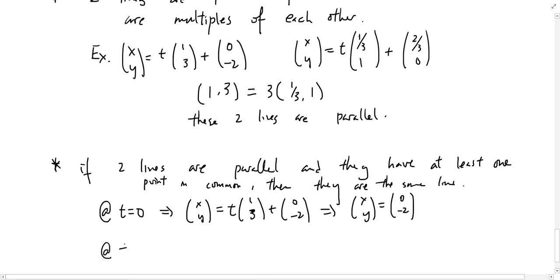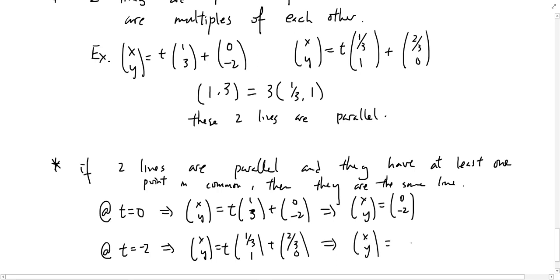If I look at t equal to -2 instead, then my equation (x, y) equals t times (1/3, 1) plus (2/3, 0) will yield (x, y) equal to (0, -2). So it shows that at two different t values, these two lines actually do intersect. So therefore they must be the same line.